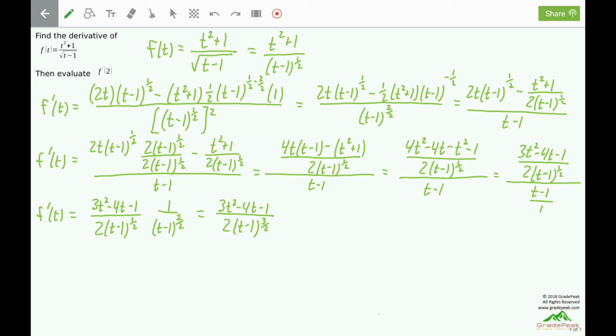The next thing to do is evaluate f prime of 2. F prime of 2 means to plug a 2 in for each of the t's.